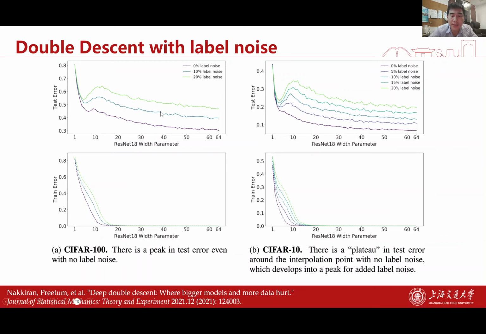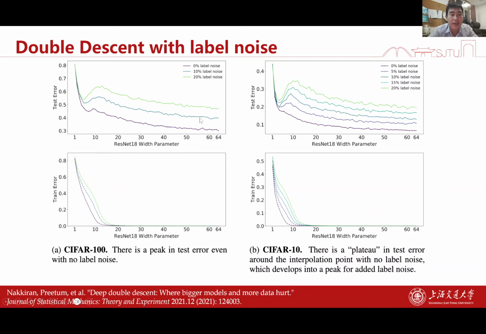So here's an experiment. If we don't have any label noise, that is the original dataset, you barely see this double descent. In this experiment, you almost cannot see it.